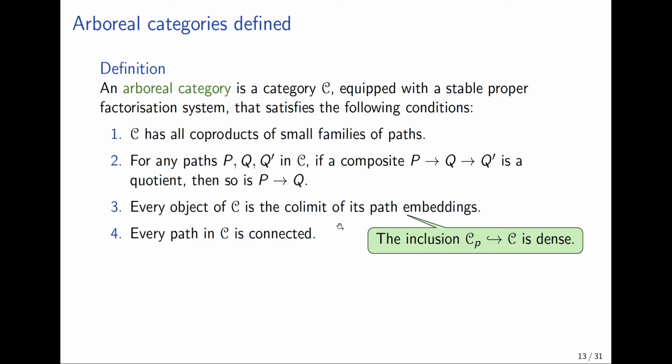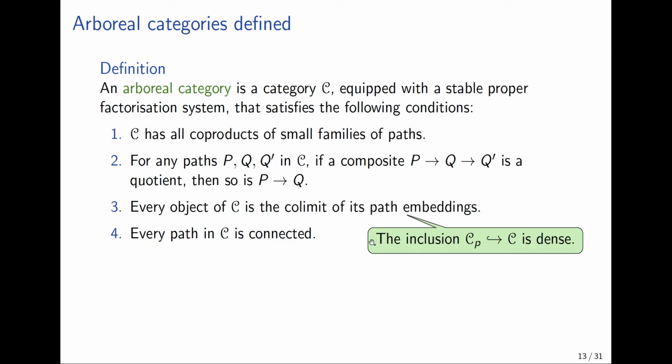The third condition is perhaps the most important one, and it says that every object is the colimit in a sort of canonical way of its path embeddings. So a path embedding is an embedding whose domain is a path. So you take any object X, you look at all embeddings whose domains are paths. This gives you a diagram, a cocone, and you require that this cocone is a colimit.